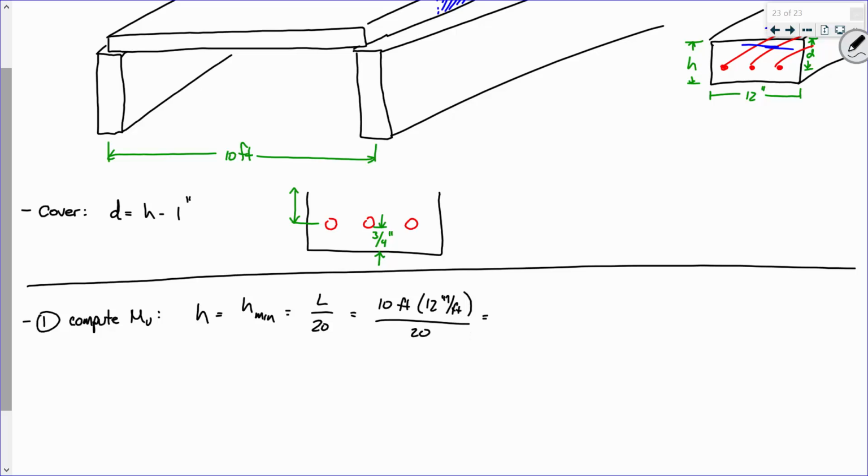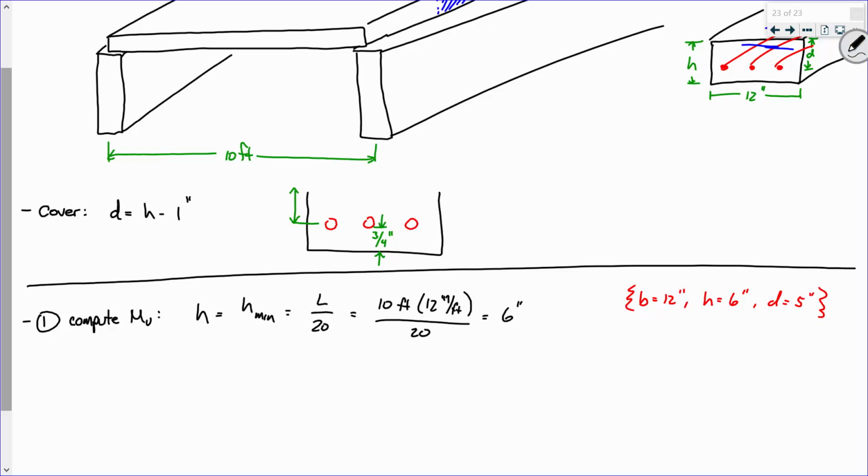So what does that come out to be? There we go. So that's how thick our slab is. So we're going to take b to be 12 inches, h to be 6 inches, and d to be 5 inches.